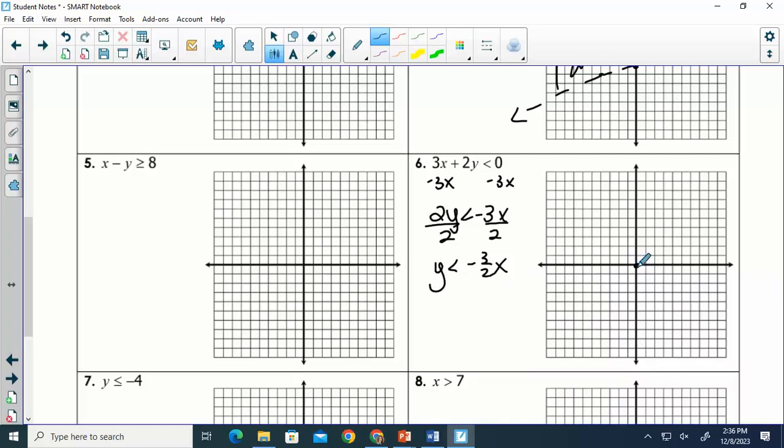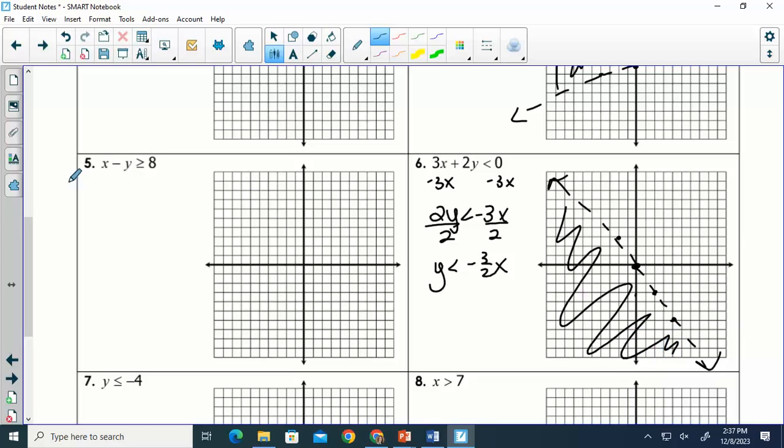Y-intercept is 0. Slope is negative 3 halves. So down 3, right 2, or up 3 and left 2. Solid or dash? And it's below. Right, less than is below. Pretty good with these? Okay.